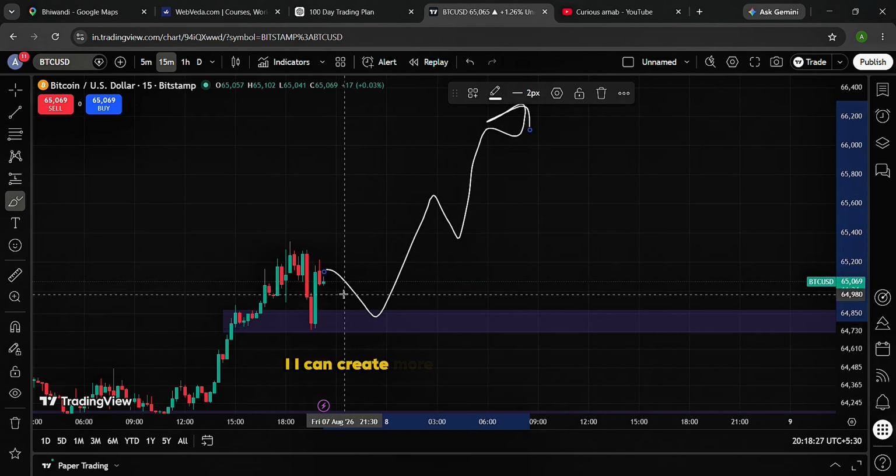I can create more demand in the zone, and if I want to buy from here, then that's my demand. If a proper 1000 lot seller is available in the market, then it is perfectly fine. My order gets instantly executed.